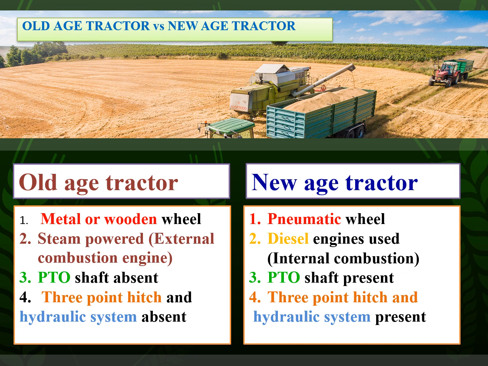Here external combustion engine is used for power generation. PTO shaft, 3-point hitch and hydraulic system is absent. Whereas in new age tractor, pneumatic wheel is used for better traction. Here internal combustion engine is used for power generation. PTO shaft, 3-point hitch and hydraulic system is present.